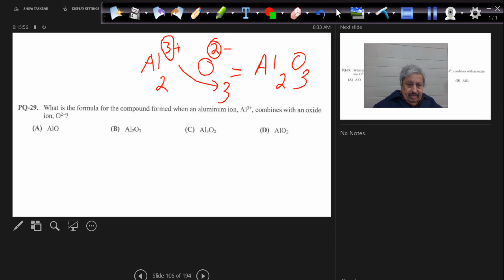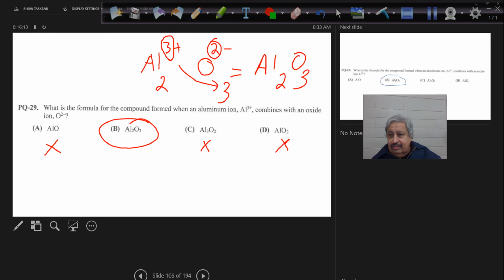So the answer, where is it? This is not, this is not, this is not. The answer is B. Okay, guys? The answer is B. So let's see if we are correct. I'll take my picture out here.